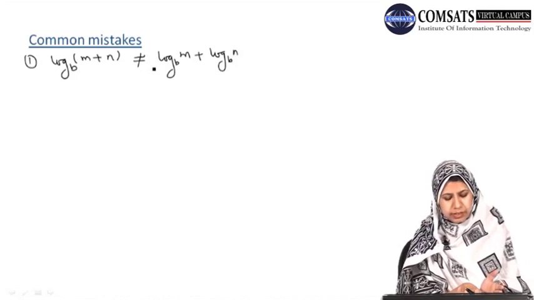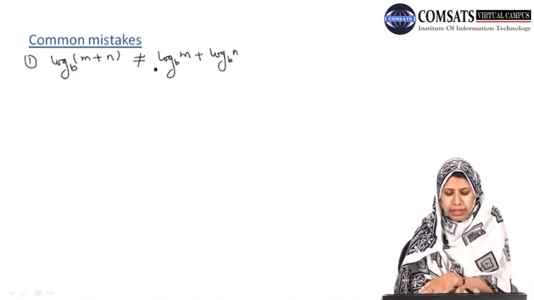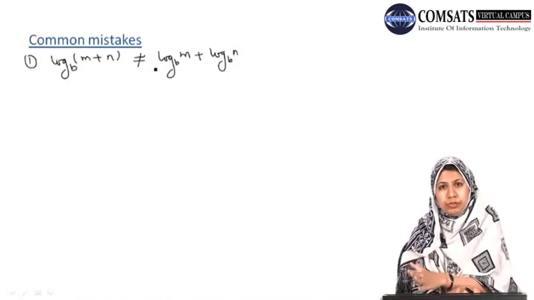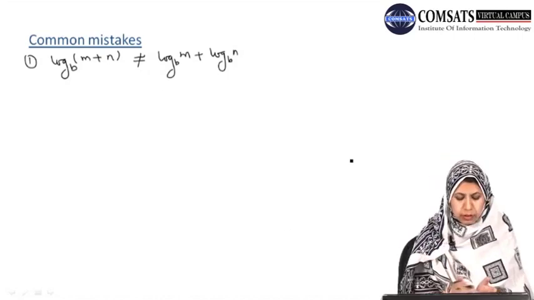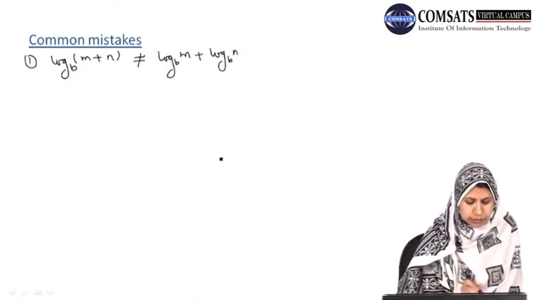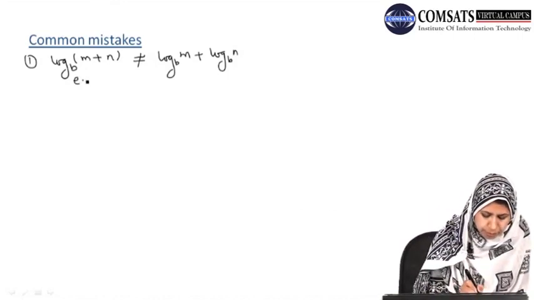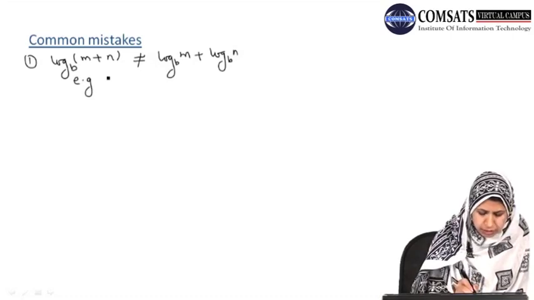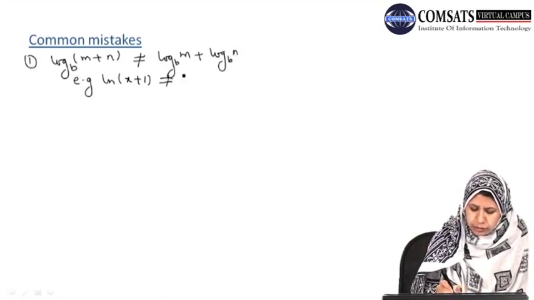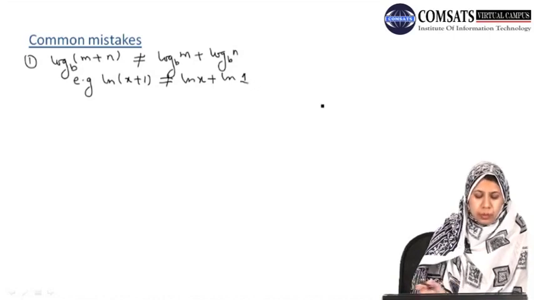The left hand side is saying log of the sum and the right hand side is saying sum of the logs. This property does not hold for logs. So log of the sum is never equal to sum of the logs. For example, the same thing which we have seen in our example, natural log of x plus 1 is never equal to natural log of x plus natural log of 1.